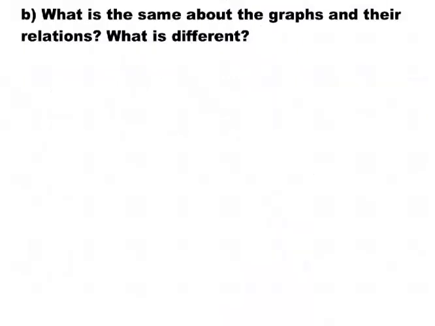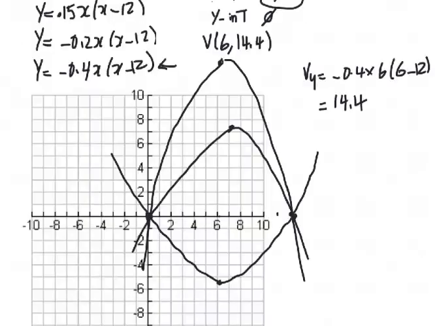Now it says what is the same about the graph and the relationship, and what is the difference. Now if we look at the graph, you can see that all these graphs have the same zeros. The zeros are here and here. The difference is the vertical compression and stretch.